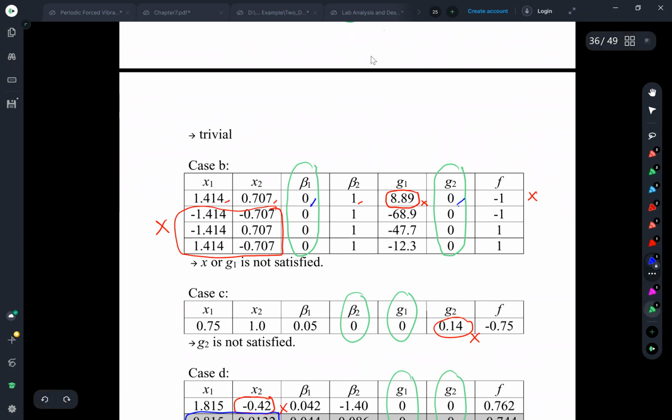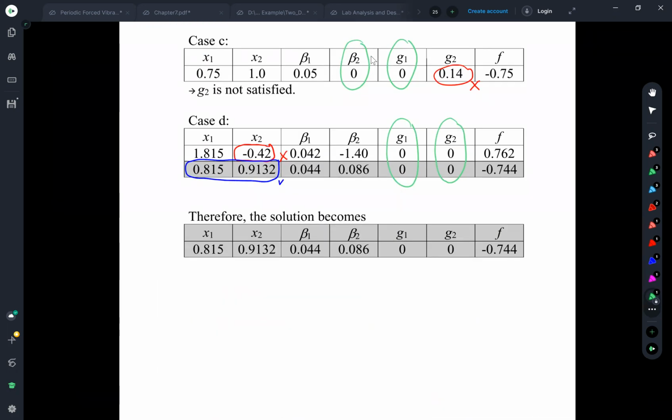Maybe I put the green color for you. You see, this is, I put the number 1, right? The green. X1 equals 1.4, X2 equals 0.7. Look at the area. The area is 1. 1 is greater than the solution we found before, right?